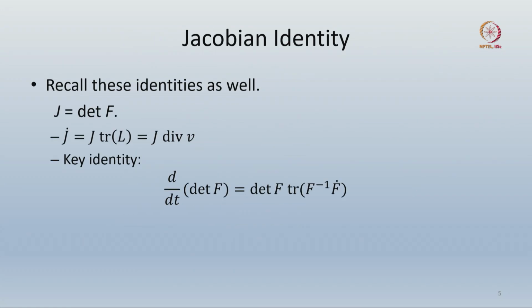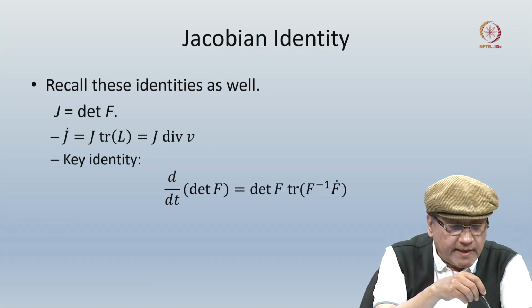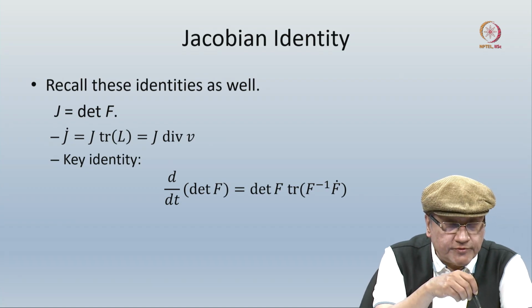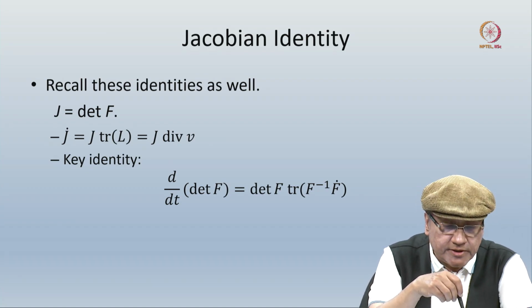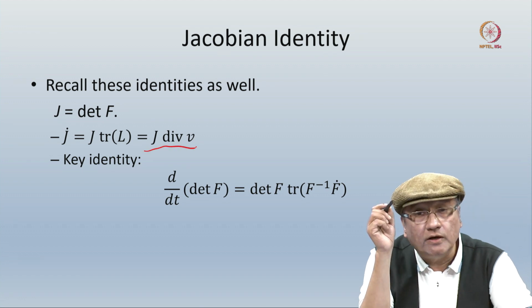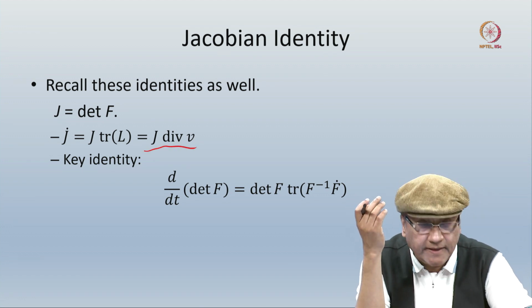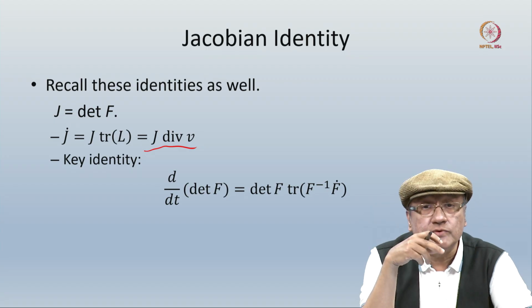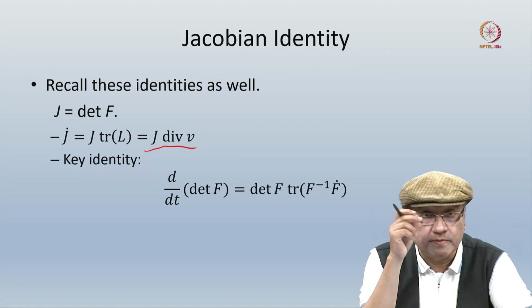Now let us also recall this. We have already seen that j is the determinant of F, and j dot is j times the trace of the velocity gradient, which is also equal to j times the divergence of v, which we made use of in deriving the Reynolds transport theorem.